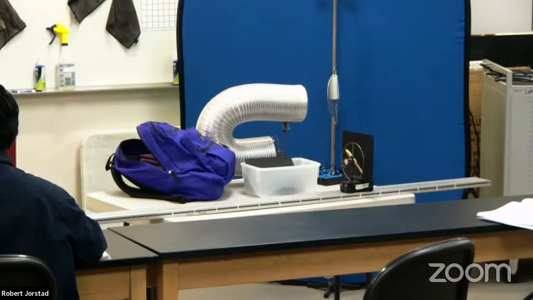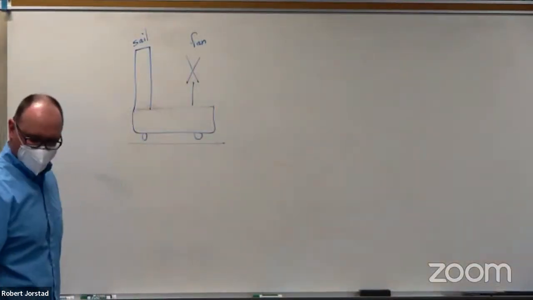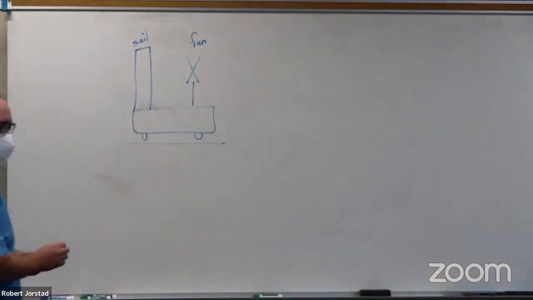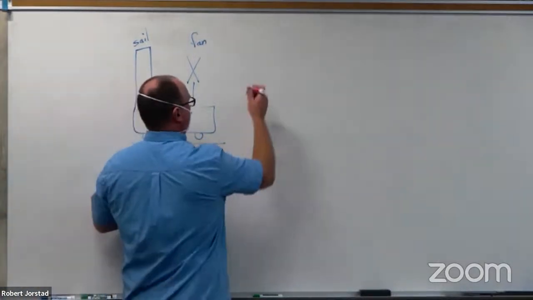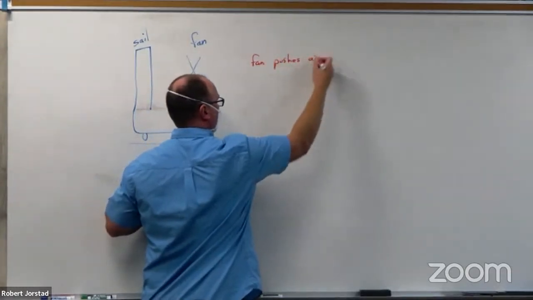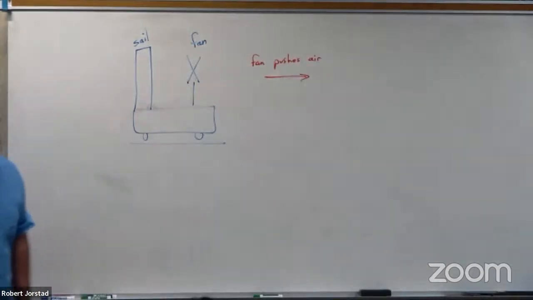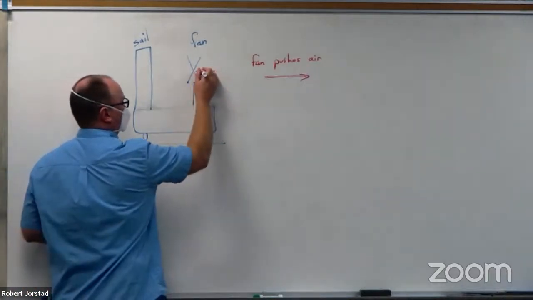Like a boost. Okay, just go step over there for a sec while I do the board. Thanks. All right, which way do you think this cart's going to move? In this particular case, the fan is pushing the air to the right. Which way does the air push on the fan?